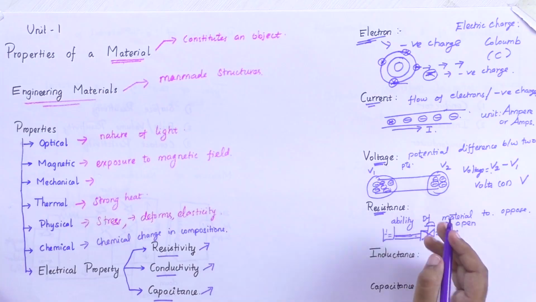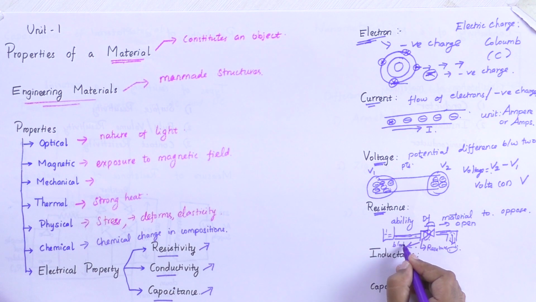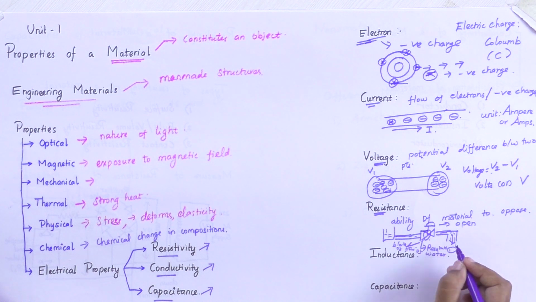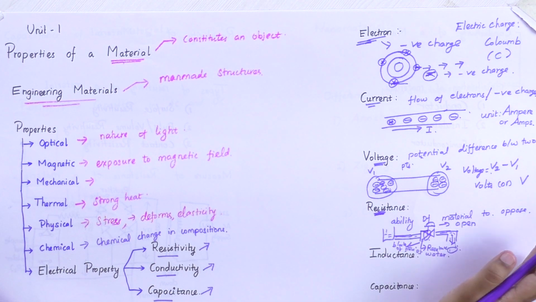So when you apply a resistance, that is, when you close this valve, this valve acts as a resistance here. That is, it blocks the flow of water. Similarly, the resistance also blocks the flow of current or electric charges.